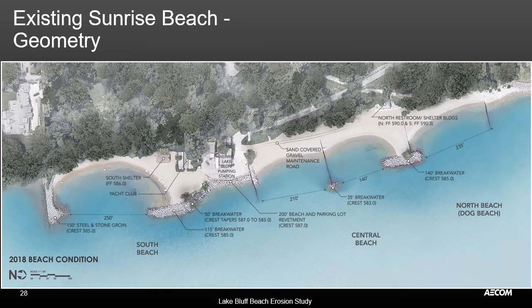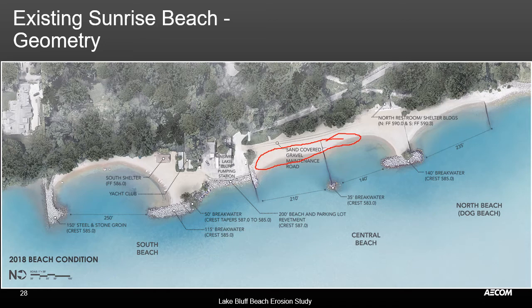This is, again, an aerial photograph of the existing beach condition as it was in 2017. So as we start to look at this beach and decide, what can we do to resolve some of the problem areas? So first of all, we know that we're having erosion problems on a good part of this beach here.